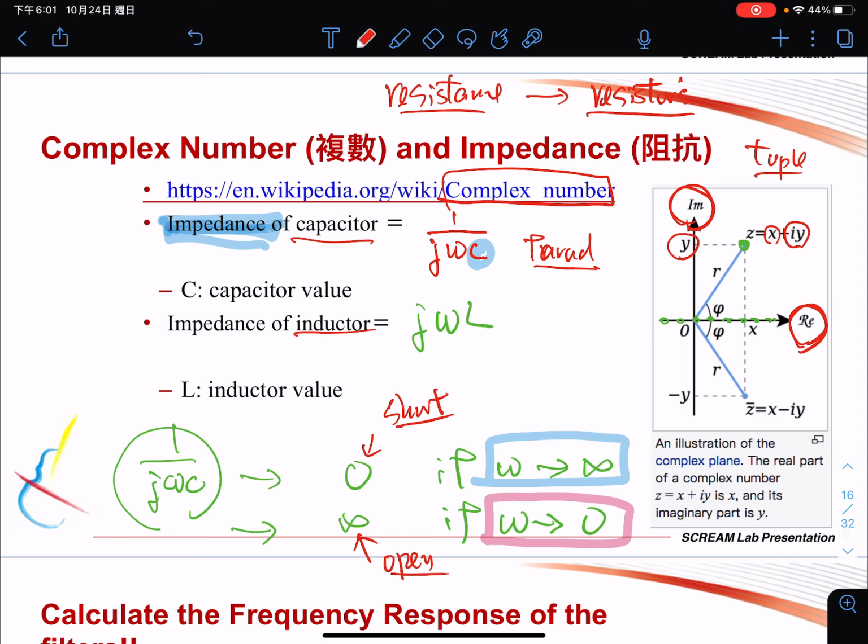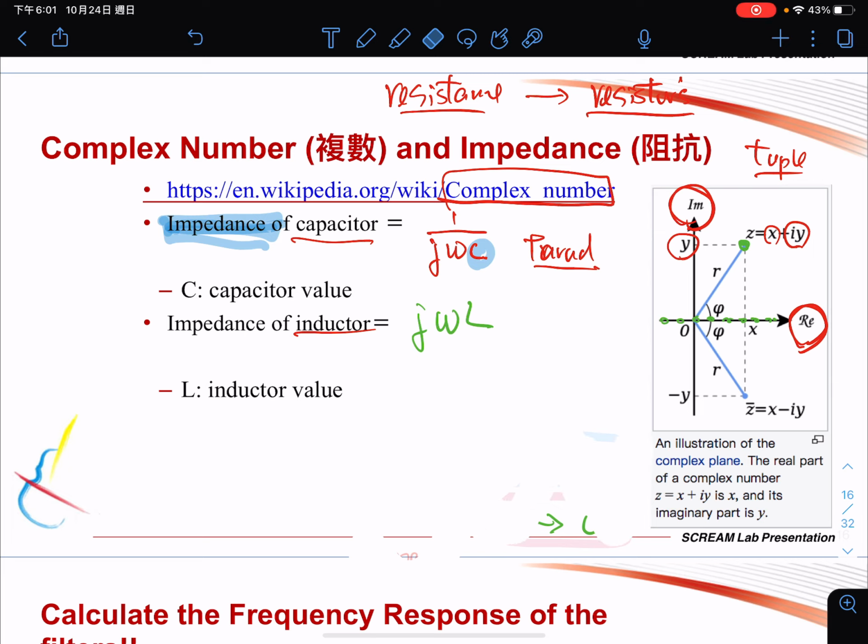What about the inductor? The inductor is j omega L. So it acts very differently, in the opposite way of a capacitor.